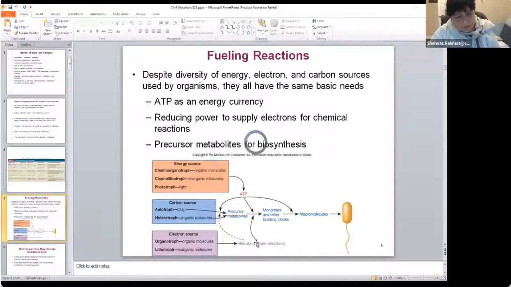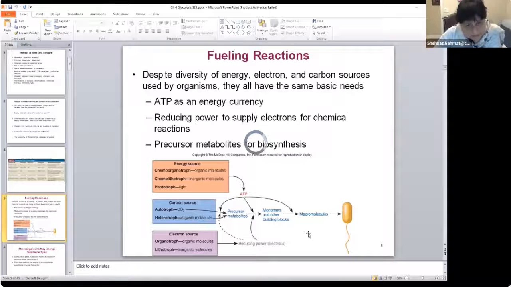So this reducing power will be applied, and the ATP will be applied also, either to make the precursors or move the precursors into the monomeric building blocks, and eventually the building blocks will be converted into macromolecules with the use of ATP. And finally, your pretty little bacterium will be completely synthesized.